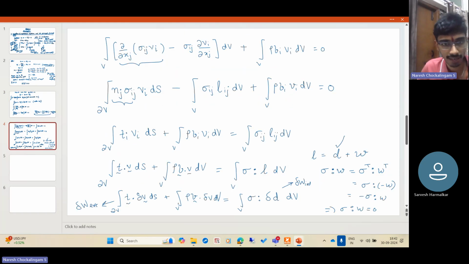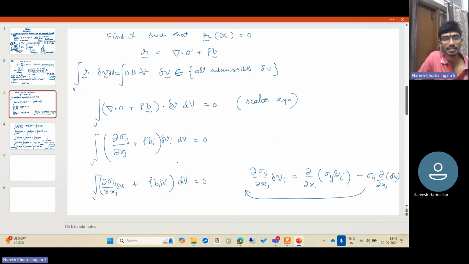If it is given that for arbitrary del v this has to hold, you can reverse the steps up to this point. Then you can choose del v as 1, 0, 0, 0, 1, 0, and 0, 0, 1, so that you will get the three scalar equations of equilibrium, or the one vector equation of equilibrium. So that is simple.